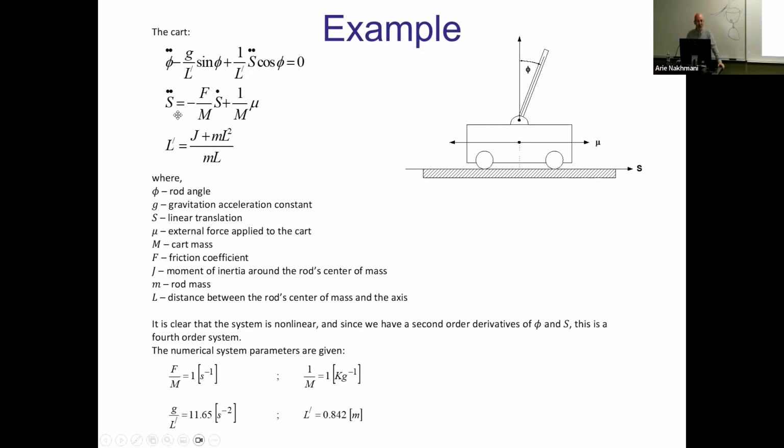These are the equations which are describing that, and that L prime is given here with the moment of inertia and other physical coefficients. All of them are numbers. So which of these equations are nonlinear? I have three equations. Which of them are nonlinear?